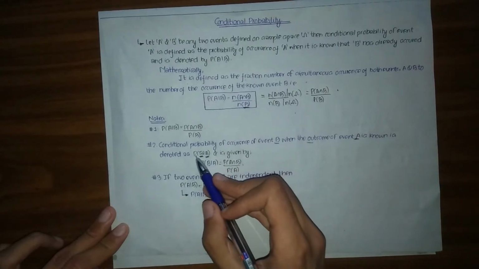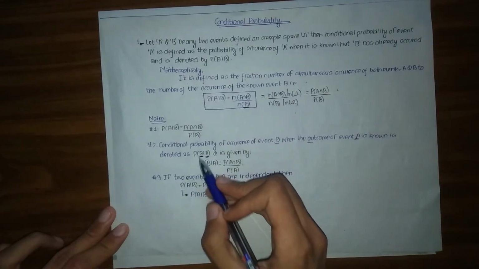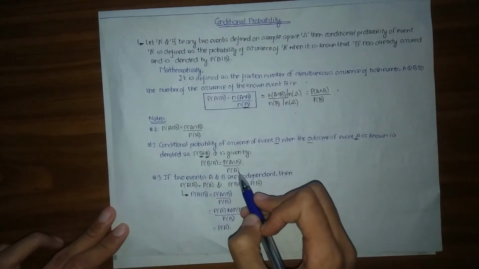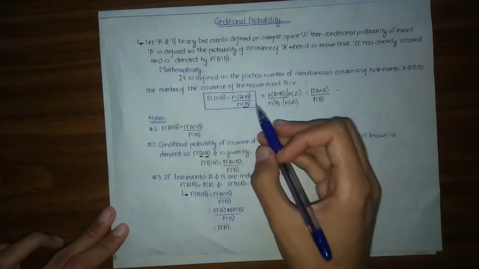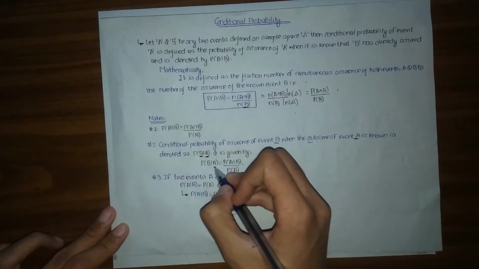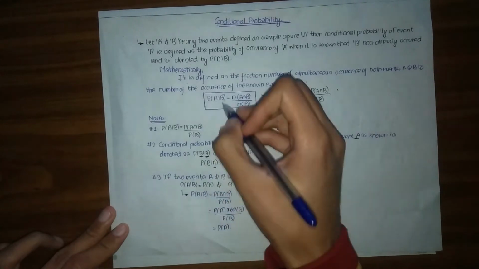It is denoted as P(B|A), and it is given by P(B|A) equals P(A ∩ B) divided by P(A). Same thing, and to remember this formula, whatever comes second goes down.